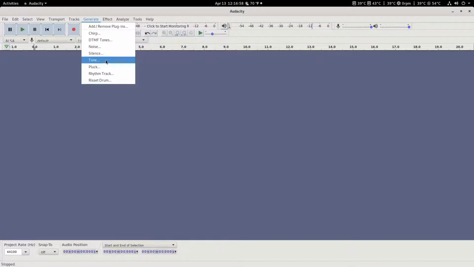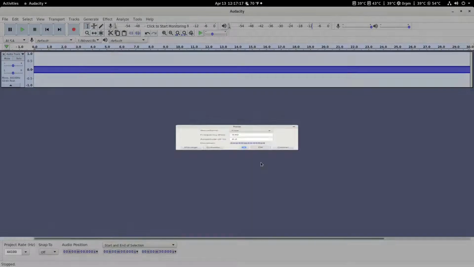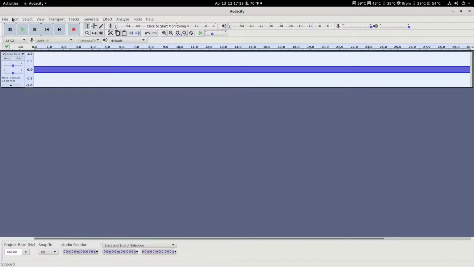I'm going to generate a tone, and this tone is going to be 440 hertz. It's going to be a sine wave. 440 hertz, and normally it comes with an amplitude of about 0.8 or something. I'm going to do 0.2 because I don't want to overdrive anyone's speakers, and I want it to be fairly subtle.